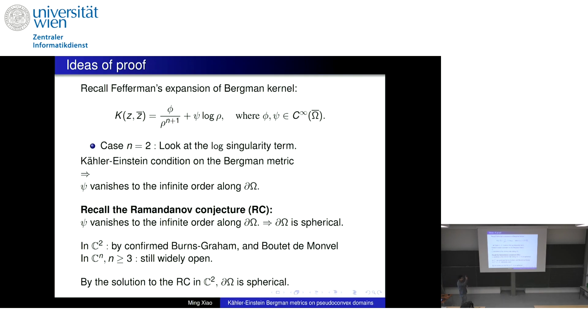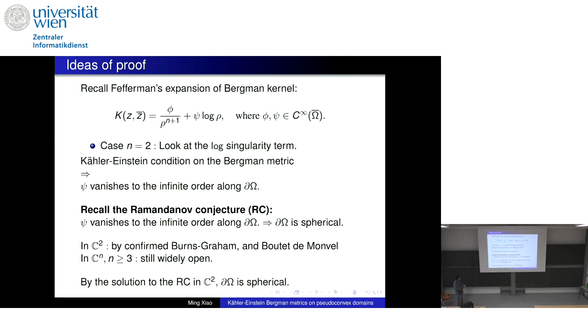I'm talking about this only at a rough level at this moment. I'm going to move to a more general context later. So that completes proving the boundary to be spherical in the two-dimensional case, in the proof of Cheng's conjecture. How about three and higher dimensions?